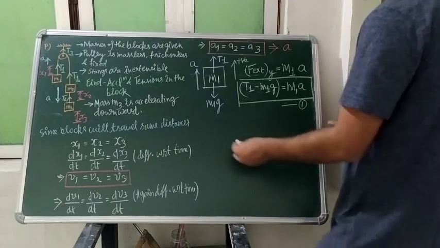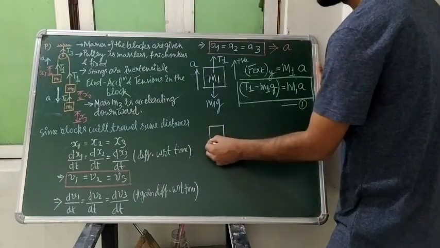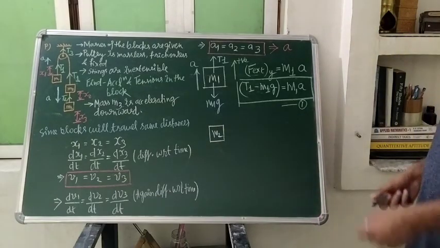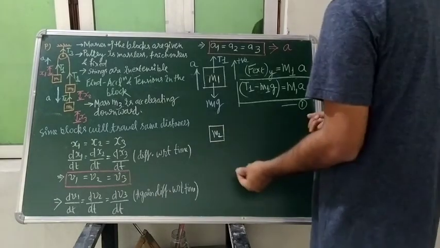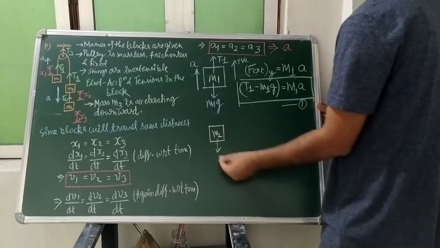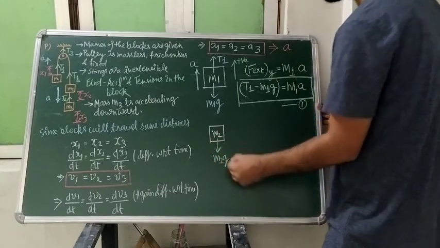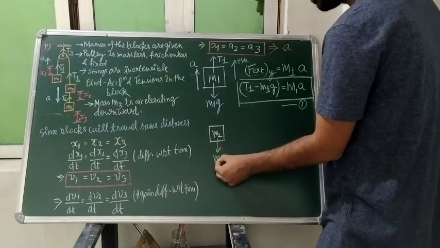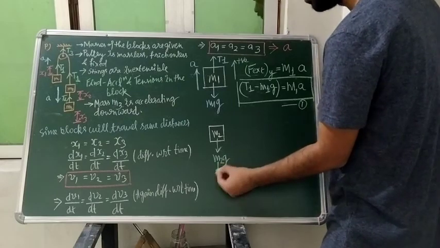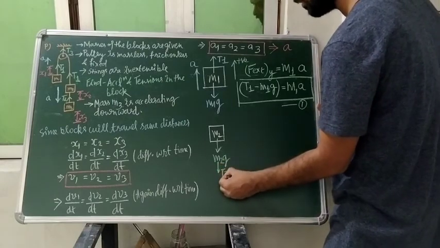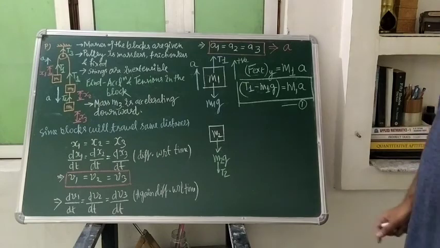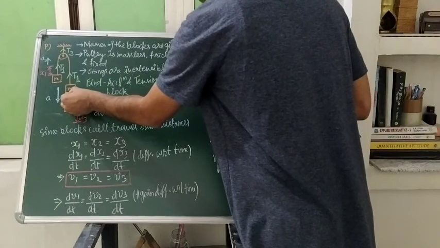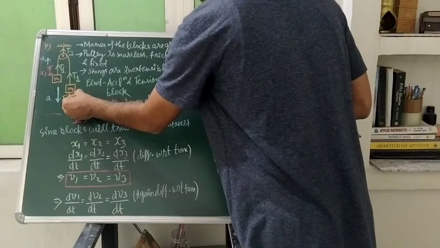And now we will draw the FBD of 2. Of course, the weight of that block will act in the downward direction, m2g. And here you can see that tension T2 is also acting in the downward direction. If T2 is here, then of course T2 will act here as well, action and reaction.